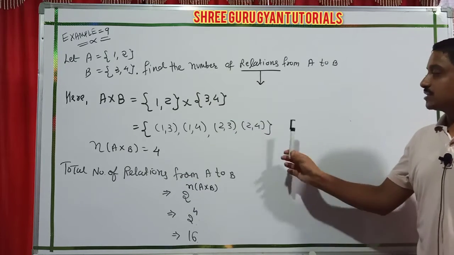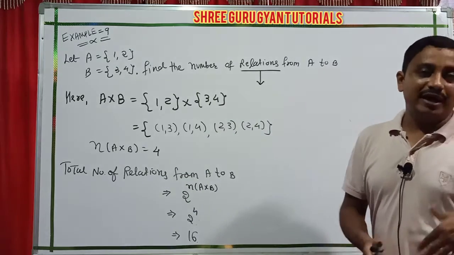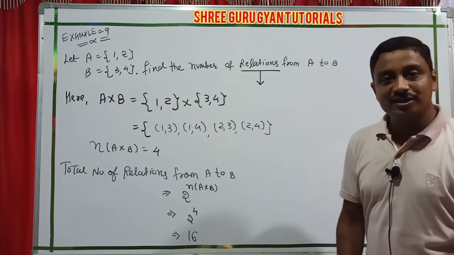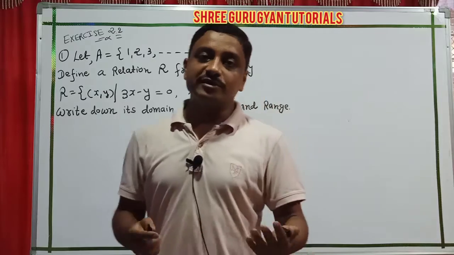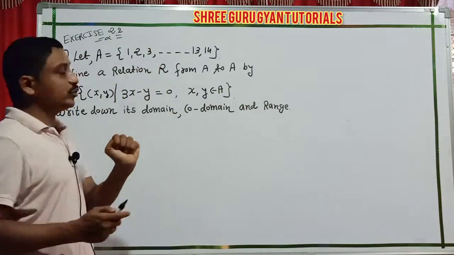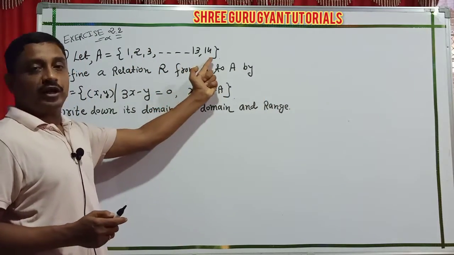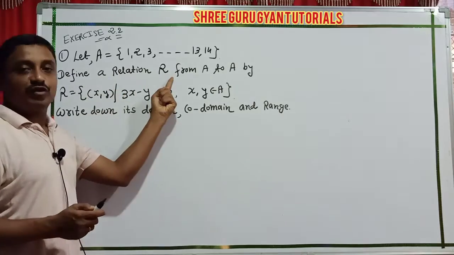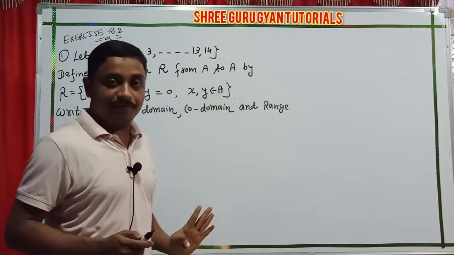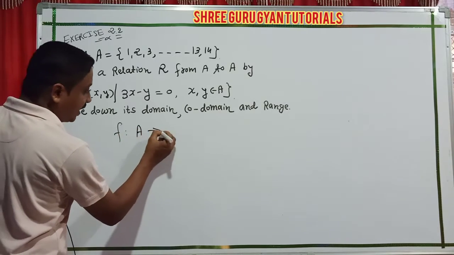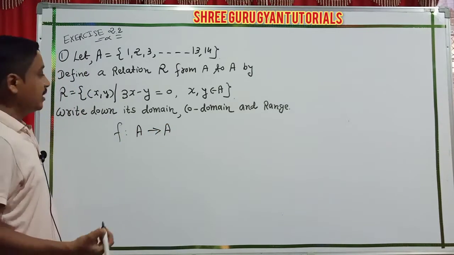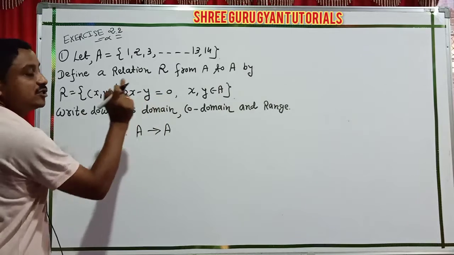Now students, I am going to our exercise. Next, exercise 2.2. Same as before, we move ahead. A is given as 1 to 14, and a relation R is defined from A to A, given by 3x minus y equals 0.